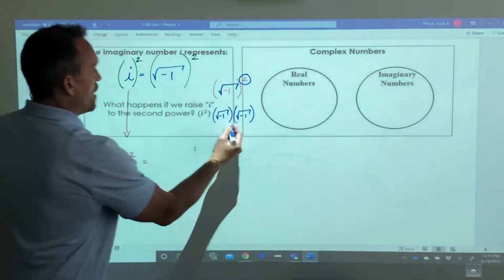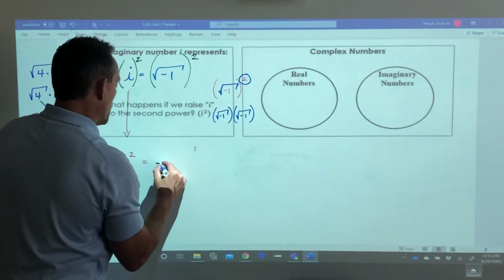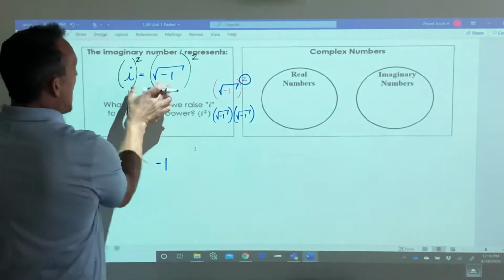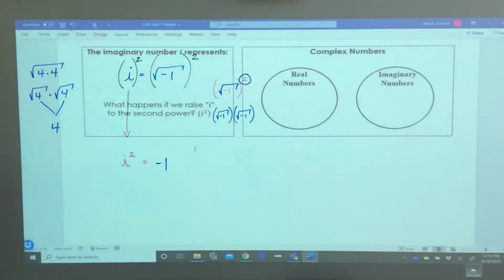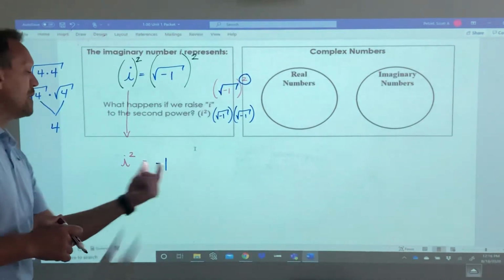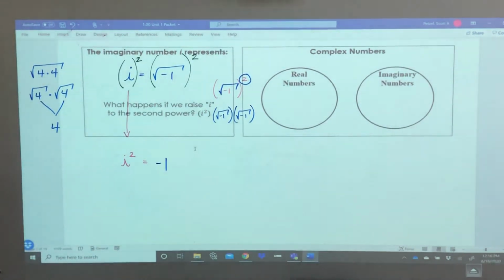So when you square it, you end up with -1. So while i equals the square root of -1, i squared equals -1.